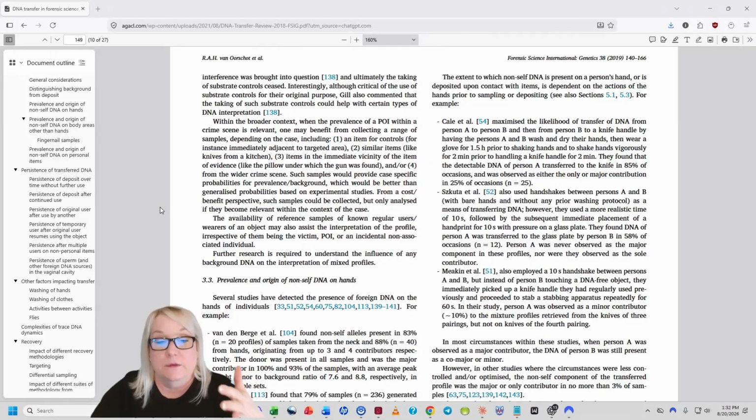The availability of reference samples of known regular users, wearers of an object, may also assist the interpretation of the profile, irrespective of them being the victim, POI, or an incidental, non-associated individual. Further research is required to understand the influence of any background DNA on the interpretation of mixed profiles.